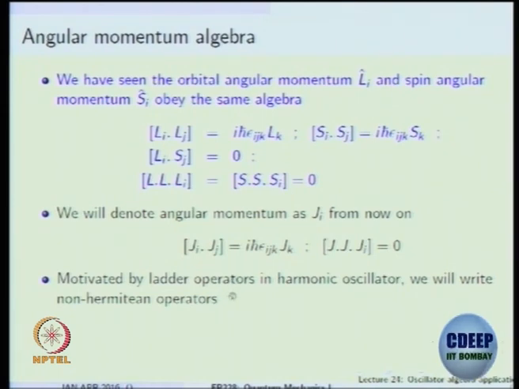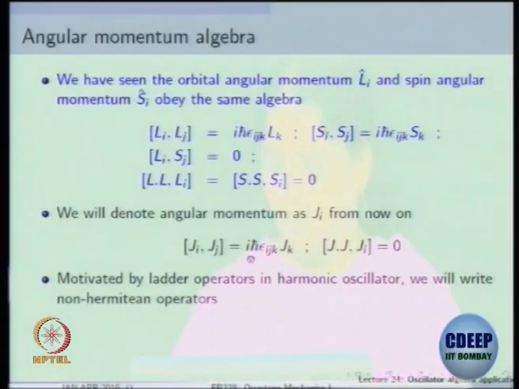So, we have done these ladder operators. The ladder operators are not Hermitian operators. You cannot experimentally observe them. A is not equal to A dagger. That is why you have two ladder operators. They are not Hermitian. Similarly, we would like to do a ladder operator here using these angular momentum components Jx, Jy and Jz. Okay.